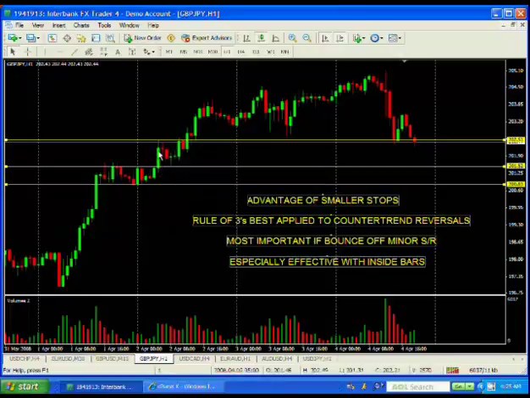So this is an outside bar, this is mother, and our three bars were all contained within the range of this outside bar. So that's just one more nail in the coffin that lets you know that this up move is about to continue.